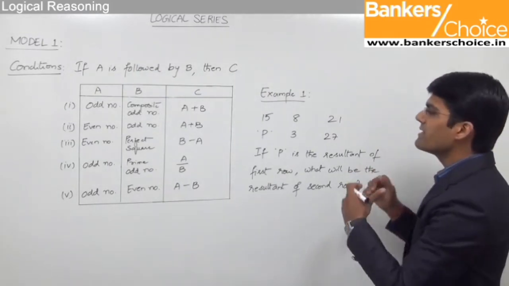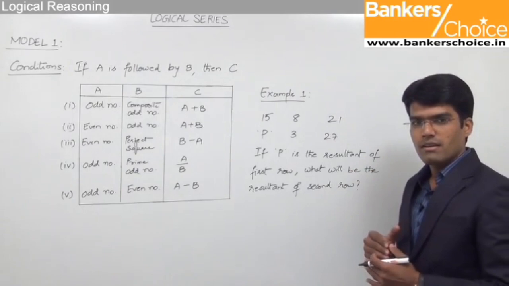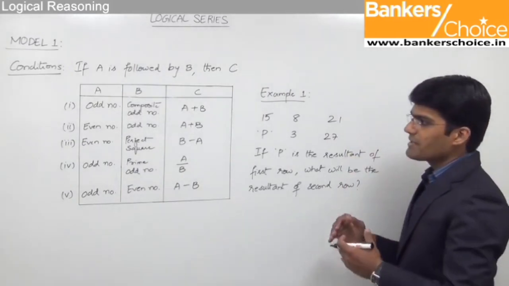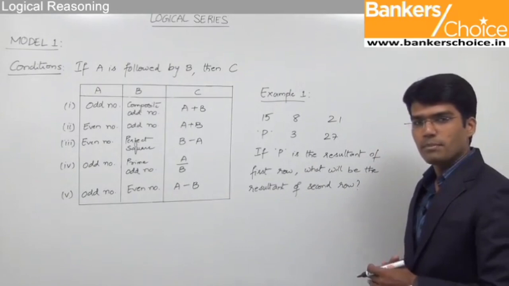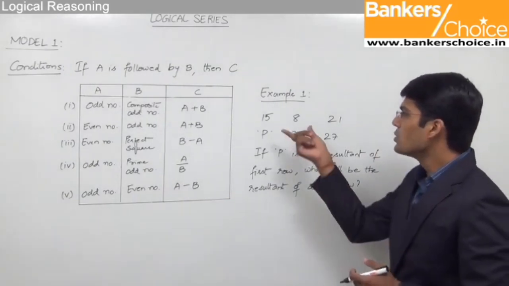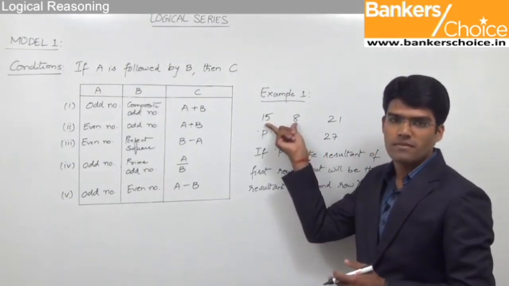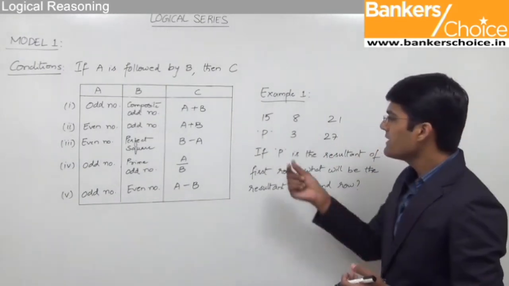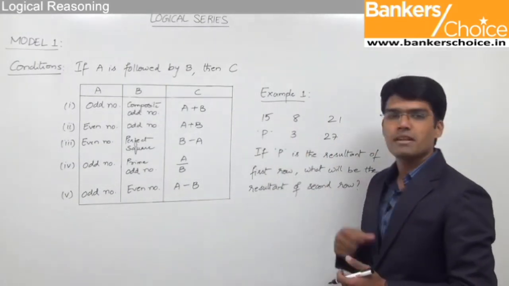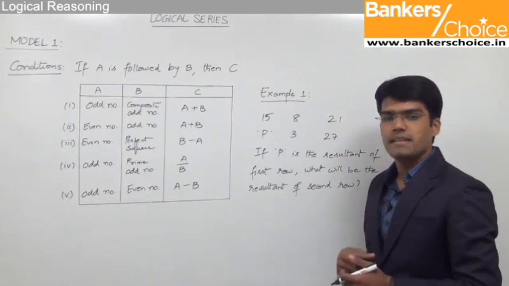Now finding out the resultant of a given row is nothing but performing the operations as given in the conditions from left to right. For example, the first step here would be to take up the first 2 numbers of the first row, that is 15 and 8. As we can see here, 15 is an odd number and 8 is an even number.